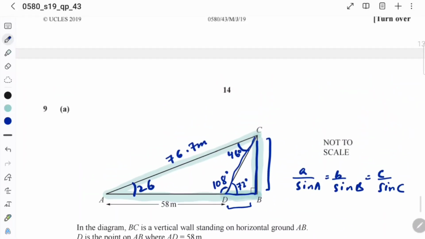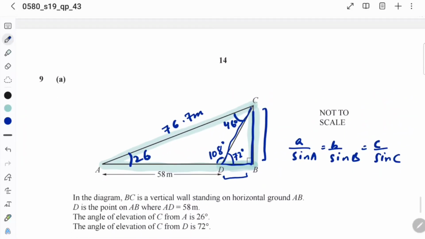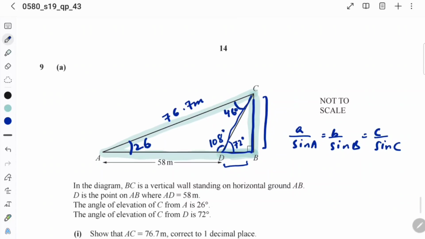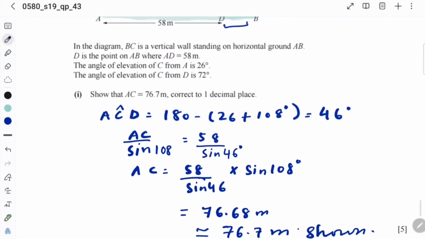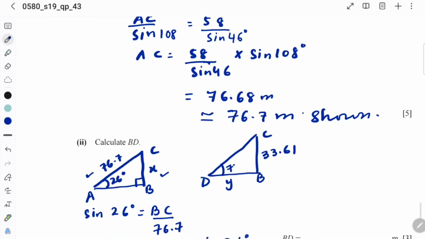I'm going to draw this diagram again: triangle BDC, where BC is equal to 33.61, this is side BD which is required here, and the angle is given as 72 degrees. So it's again a right angle triangle. Wherever the hypotenuse is not there, tan is applicable.